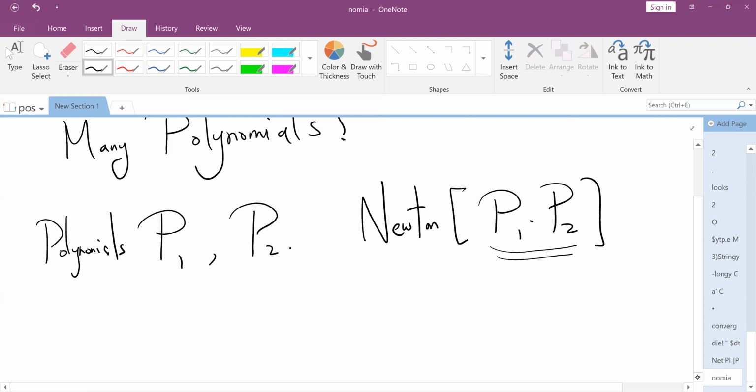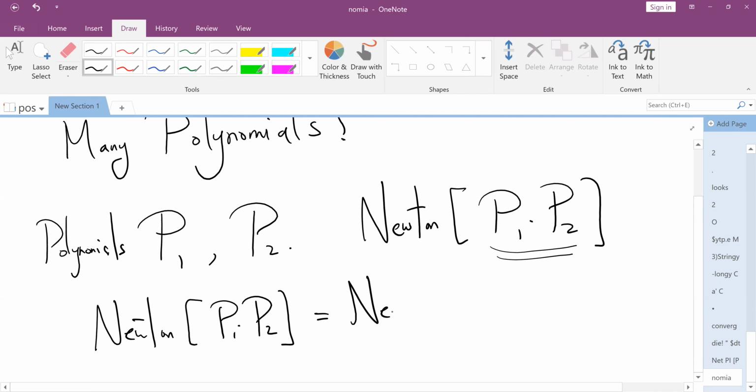And that notion is formalized in something known as the Minkowski sum. In other words, the Newton polytope of P1 times P2, of that product of polynomials, is the sum of two polytopes.